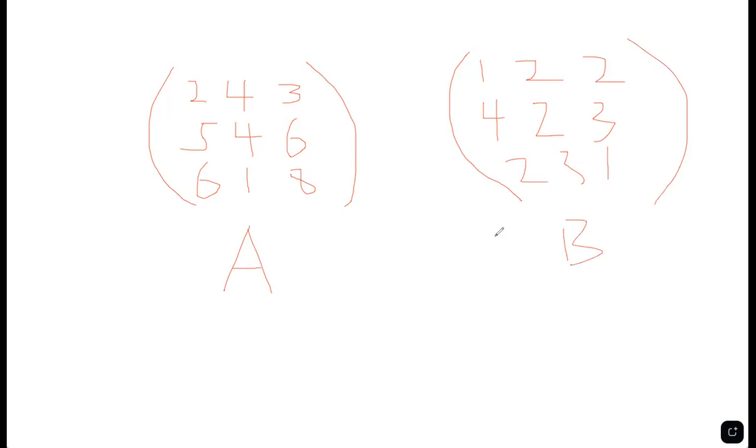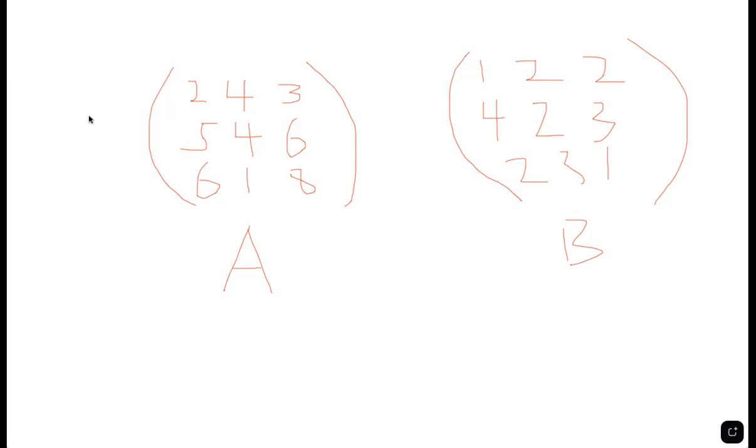Right. So, who can tell me the number of rows and columns we have in matrix A? Anybody? 3 by 3.